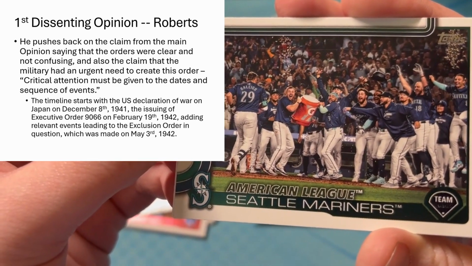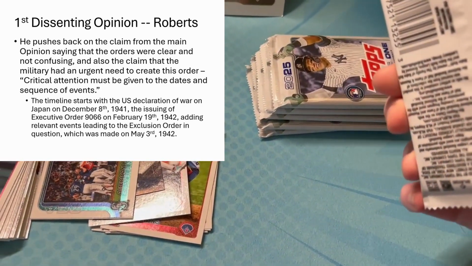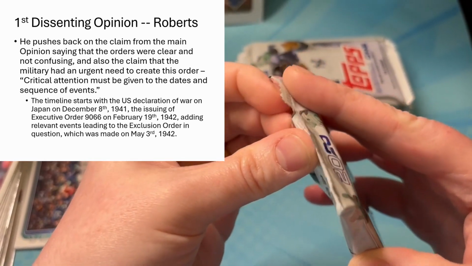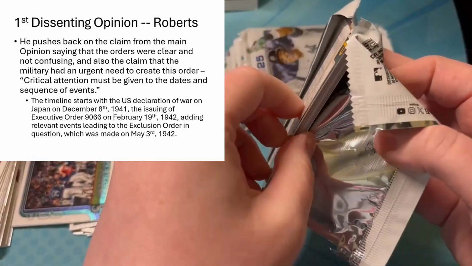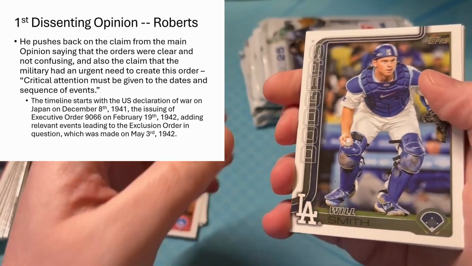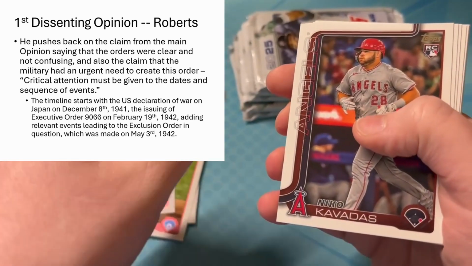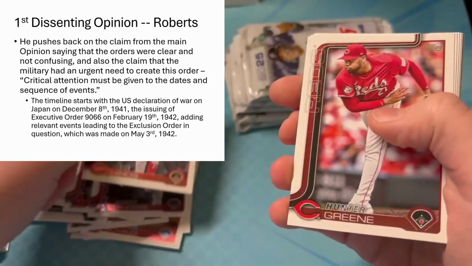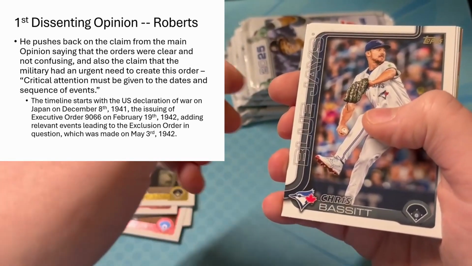So then he goes into this multi-paragraph timeline where he starts with the declaration of war on Japan on December 8th, 1941, because Pearl Harbor was attacked December 7th. Then he talks about a few things, including the issuing of Executive Order 9066 in February of 1942, adding, again, more events. And then the exclusion order in question was made on May 3rd, 1942.